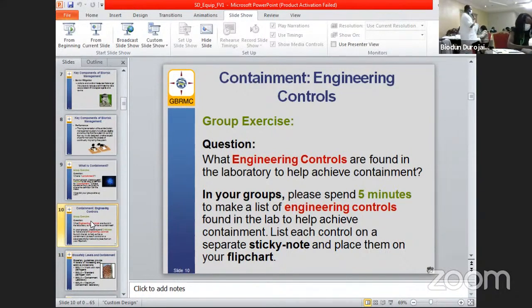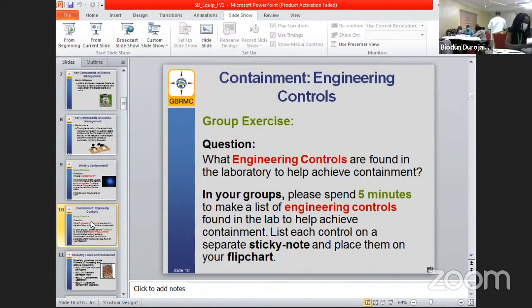We are going to use sticky notes and our marker pen. Identify the engineering control, one engineering control on one sticky note.